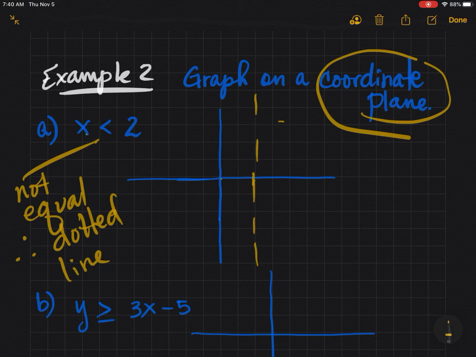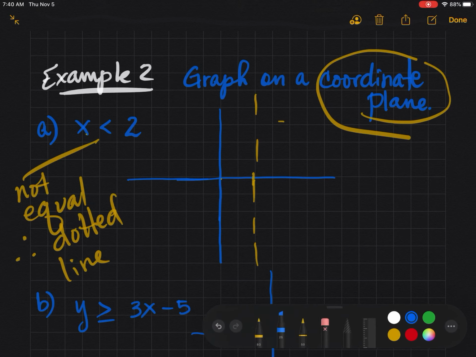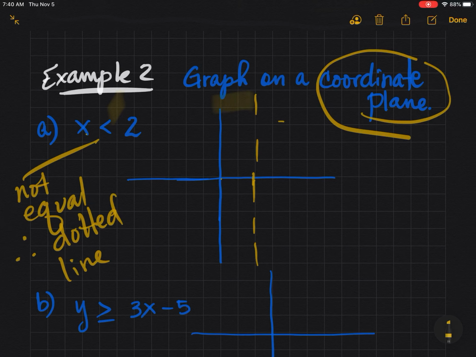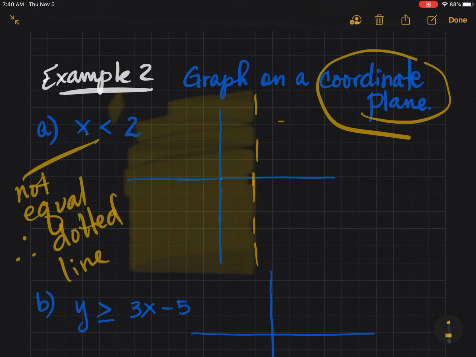So I'm going to go dotted, and now I'm going to shade all points. It says less than, so less than goes this way, and I'm going to shade all points.